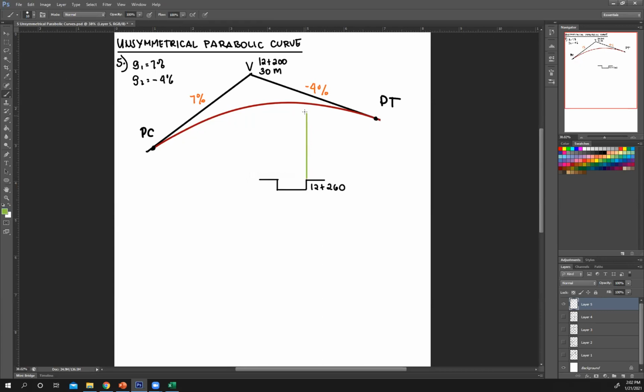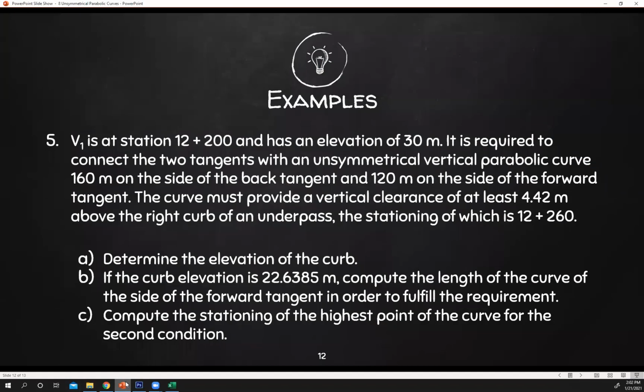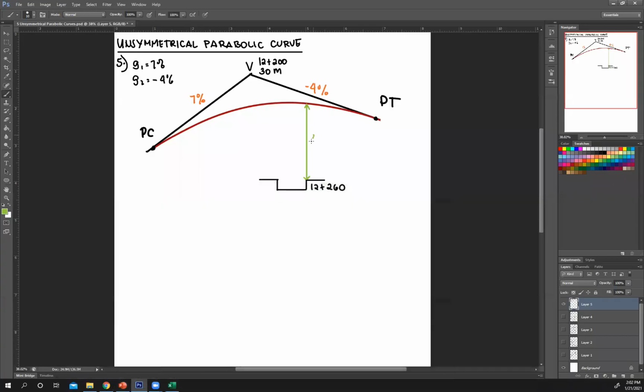This is the clearance, and this is, again, 4.42.